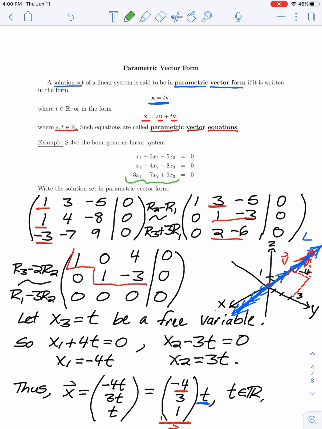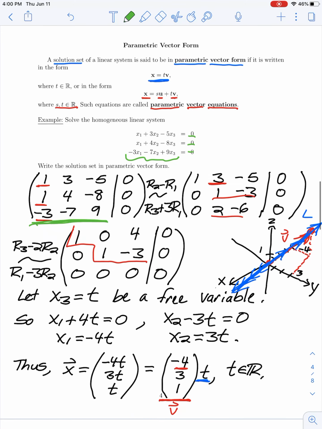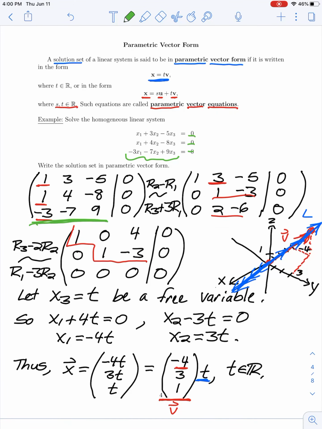So we had the same coefficient matrix of 1, negative 3, 1, 3, negative 5, 1, 4, negative 8, and negative 3, negative 7, 9. And we saw that for this homogeneous linear system, where we had all zeros on the right-hand side, our solution set was a line in the direction of this vector, negative 4, 3, 1, passing through the origin.